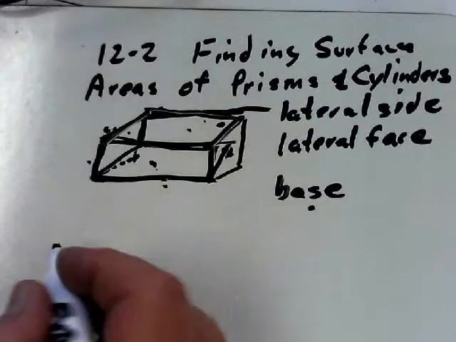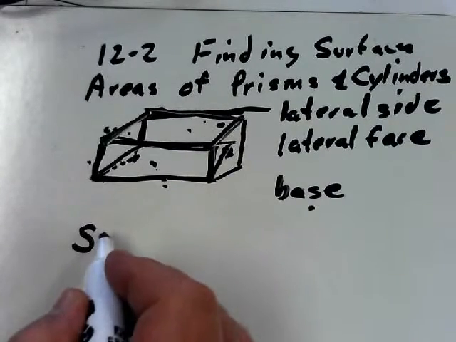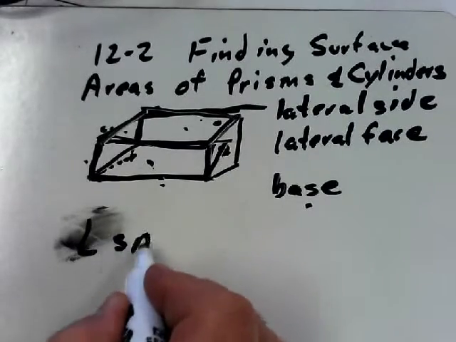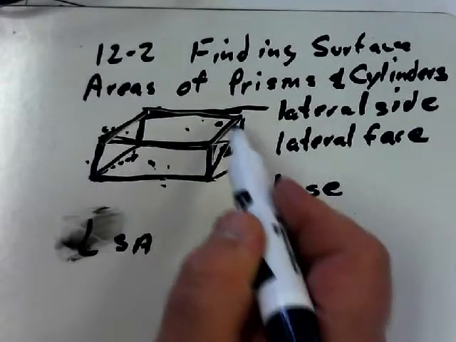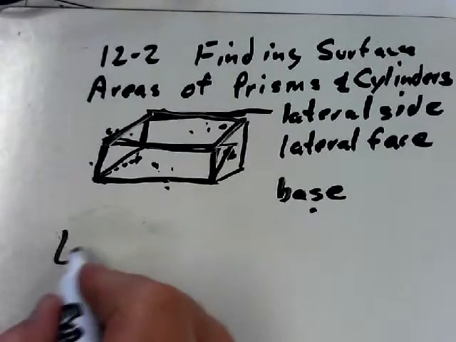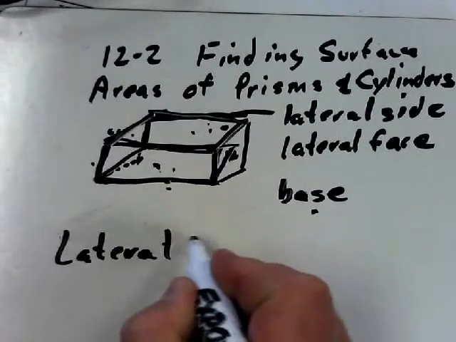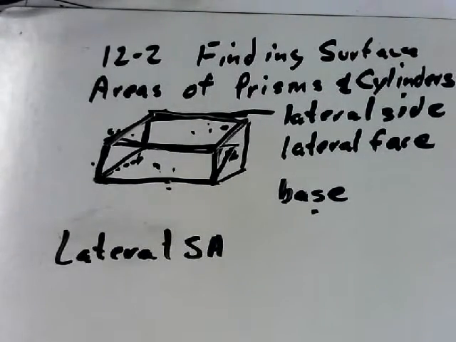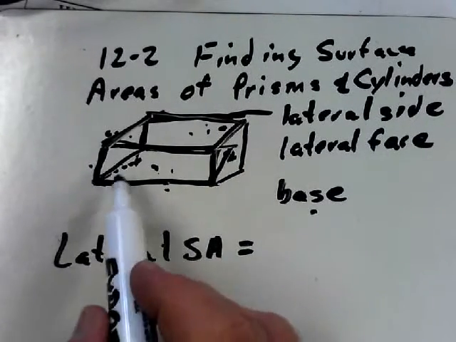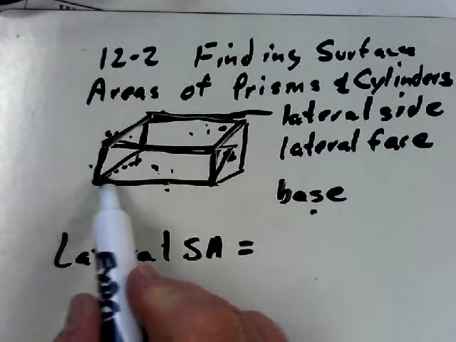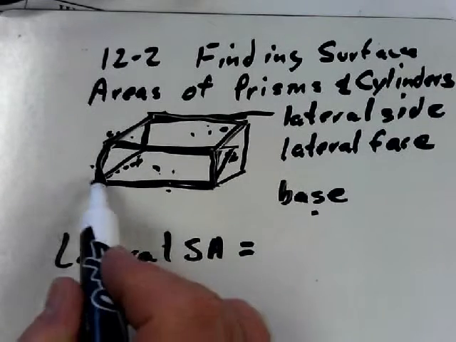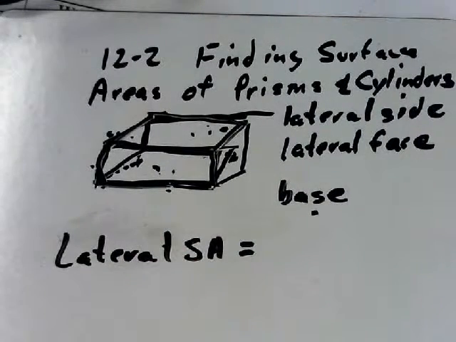They give you a formula that looks like the surface area or the lateral surface area. The lateral surface area would be these 4 things. The lateral surface area, SA meaning surface area. One of the ways that you can find it in this particular prism is to find the surface area here, and how would you find the surface area of that particular rectangle?